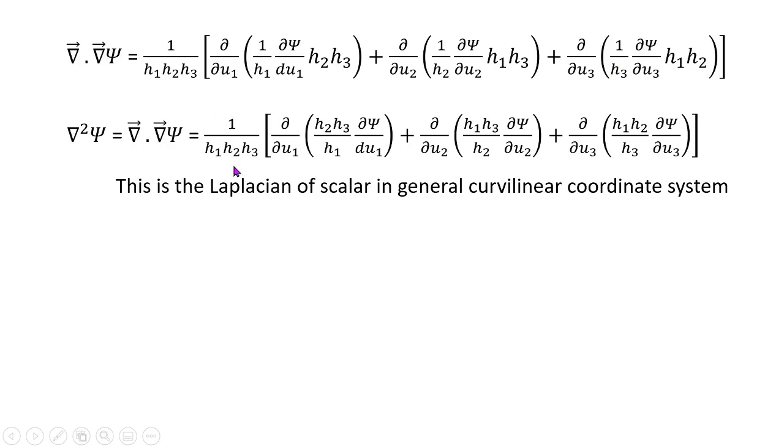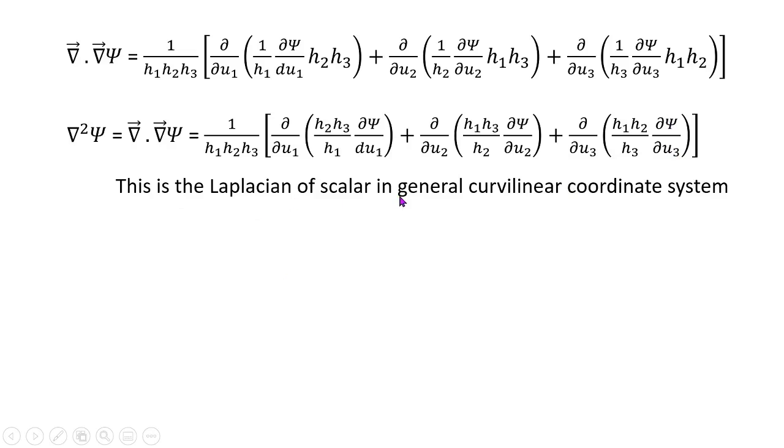This may be written in another way: 1 upon h1 h2 h3 times del by del u1 of h2 h3 upon h1 del psi by del u1 plus del by del u2 of h1 h3 upon h2 del psi by del u2 plus del by del u3 of h1 h2 upon h3 del psi by del u3.